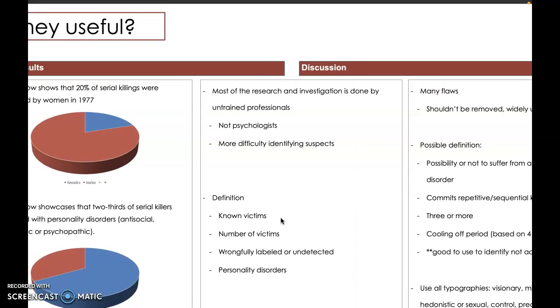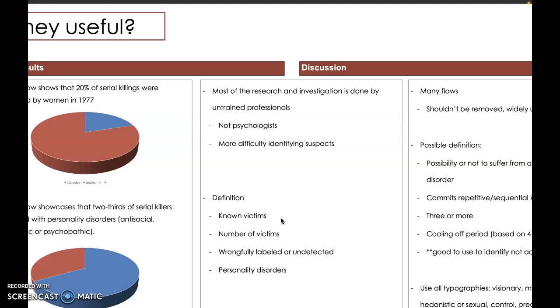So the author did point out the fact that most of the research and investigation is done by untrained professionals, meaning not psychologists, not anyone with a degree in identifying serial killers.